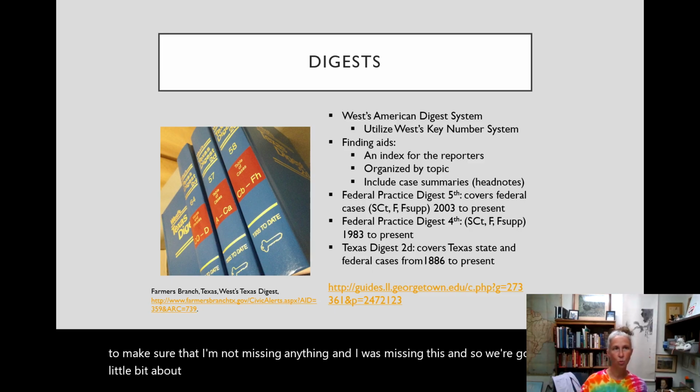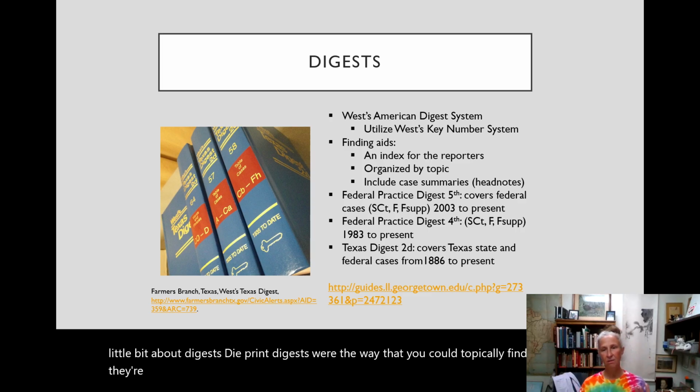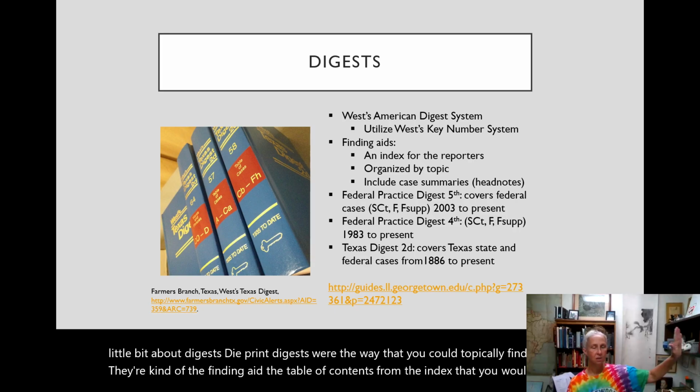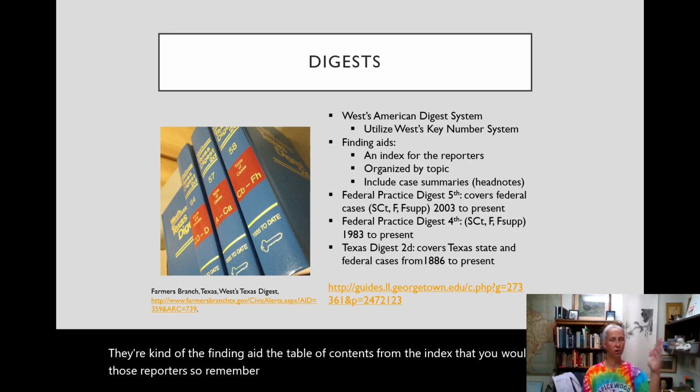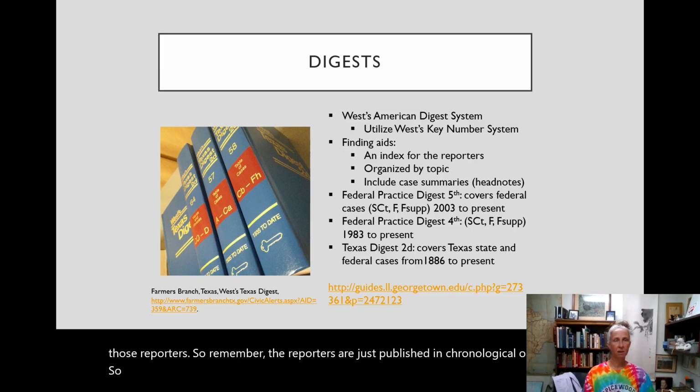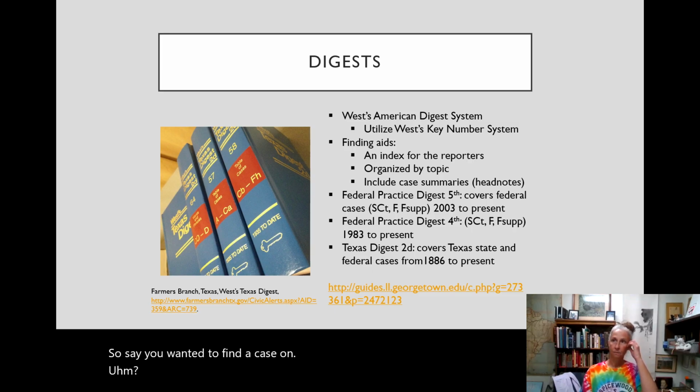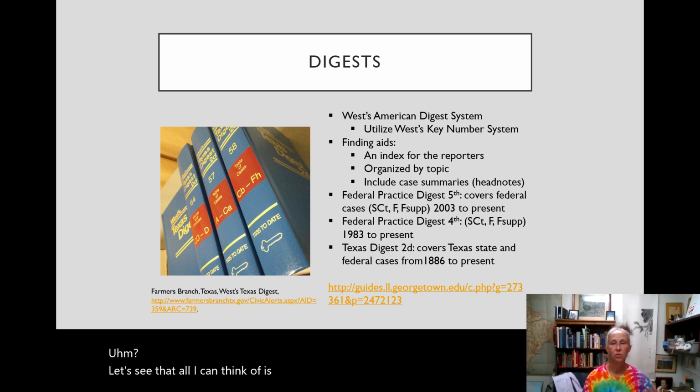Print digests were the way that you could topically find cases. They're kind of the finding aid, the table of contents, or the index that you would use for those reporters. So remember, the reporters are just published in chronological order. So say you wanted to find a case on, let's see, discrimination.